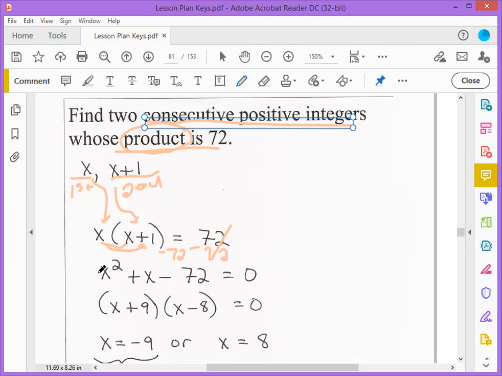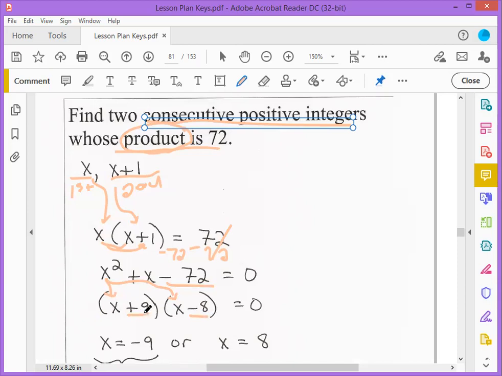And on the left side, we have x squared plus x minus 72. Now this trinomial can be factored. We factor x squared using x and x. We're going to factor negative 72 using positive 9 and negative 8.